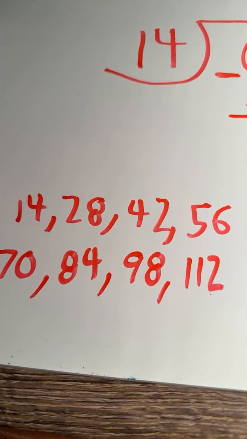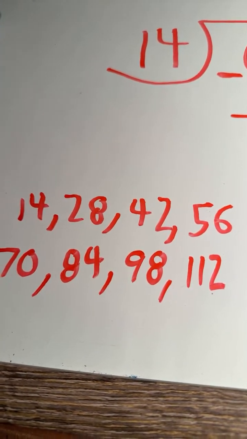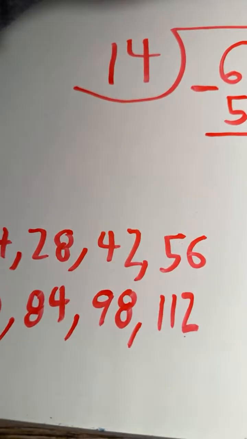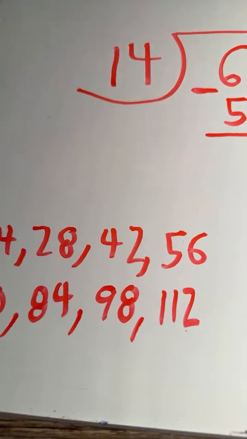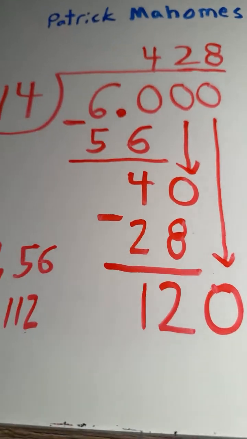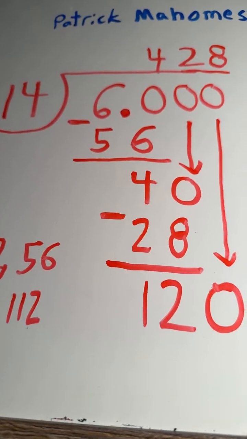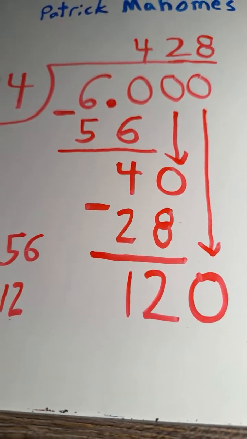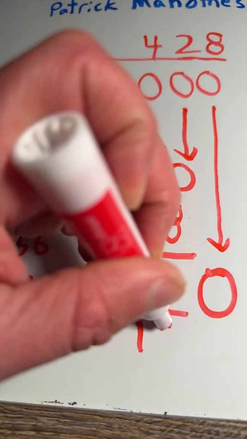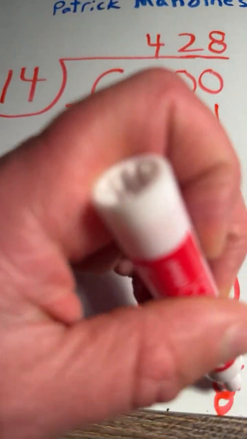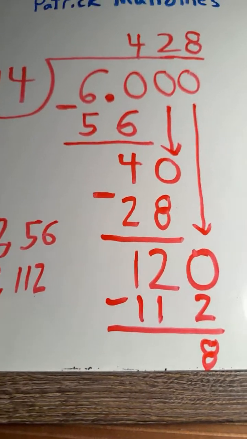If I count by 14 again, I'll be over 120, but I was able to get 1, 2, 3, 4, 5, 6, 7, 8 full groups of 14 within 120. So 120 divided by 14 does equal 8 with the remainder. We got to subtract 120 minus 112. We have a remainder of 8.